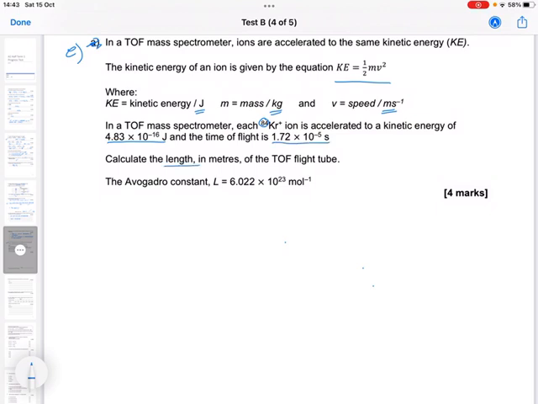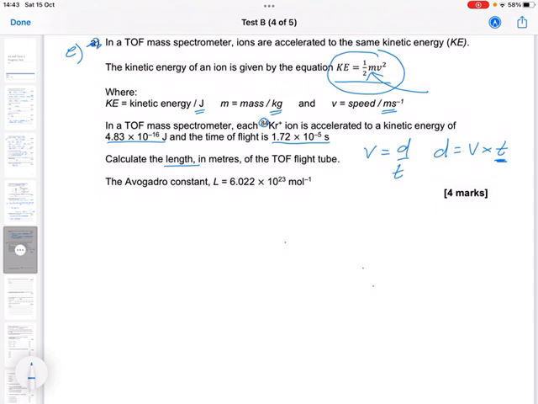So we know that velocity is distance over time, so distance is going to be velocity times time. I'm given time, but I'm not given velocity, but I can work out the velocity in here. But of course this mass here needs to come from the 84, but that 84 grams is of a mole, so I need to work out the mass of 1 ion in kilograms.